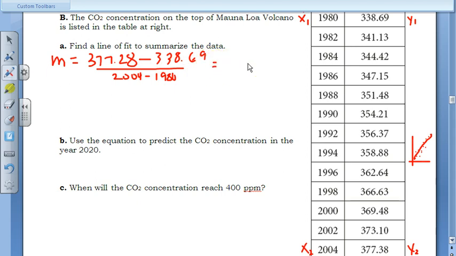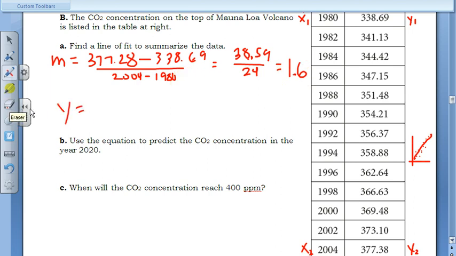Okay, so we have 37728 minus 33869. The numerator is 3859. The bottom looks like 24. So we'll divide that, and we get 1.6 as the slope.